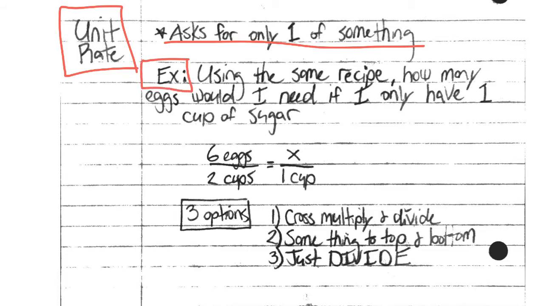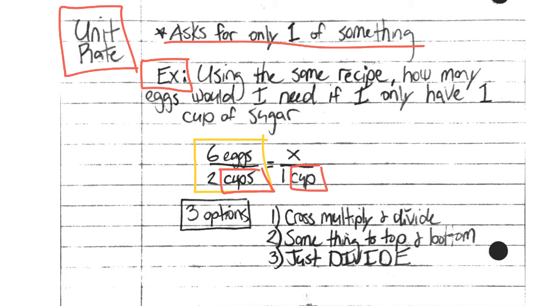So again, down here, I wrote the same starting rate here. We have 6 eggs over 2 cups because that's what our recipe called for. But on the other side of this equal sign, I know that I only have 1 cup. Notice again, I made sure that my cups are on the same side because we have to line them up for a proportion.